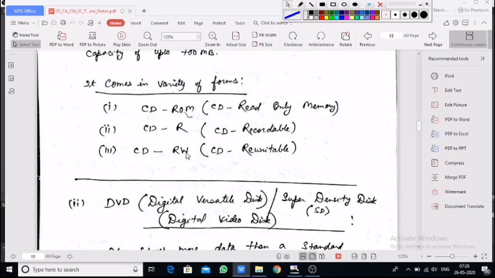Sorry, not read and write, but you can write multiple times. You write the data, erase the data, and again rewrite the data. It happens till 10, 12, 15 times, right?